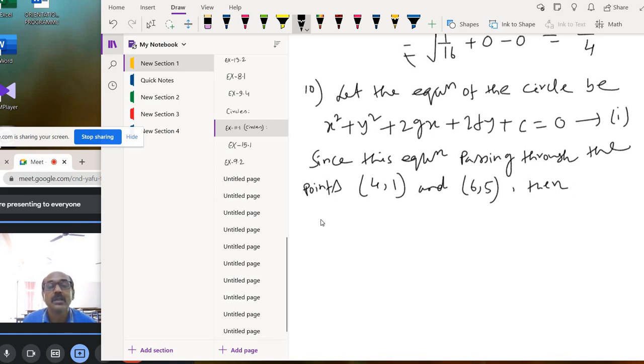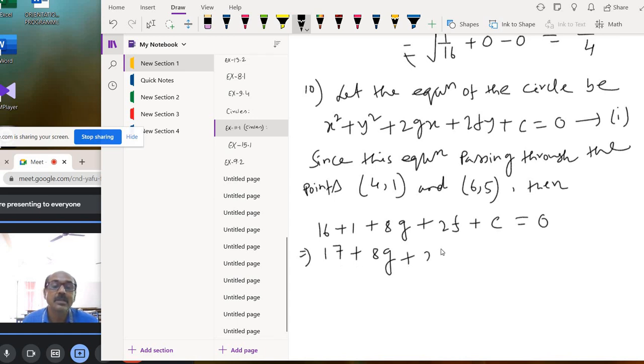So it is 4 square 16 plus 1 square 1, plus 2 into g into 4, 8g, plus 2f, plus c equal to 0. Then 16 plus 1, 17, plus 8g plus 2f plus c equal to 0.